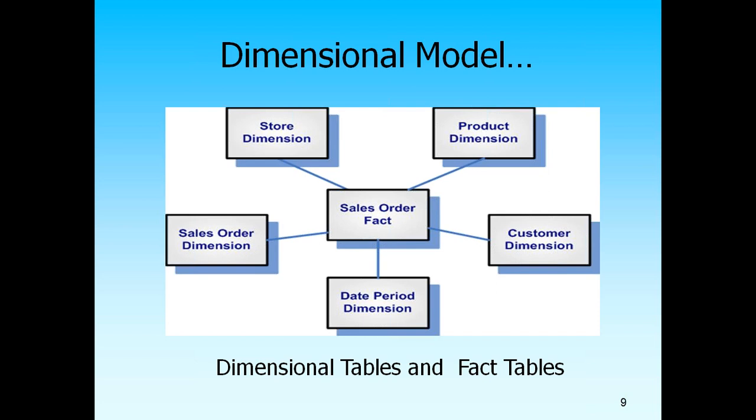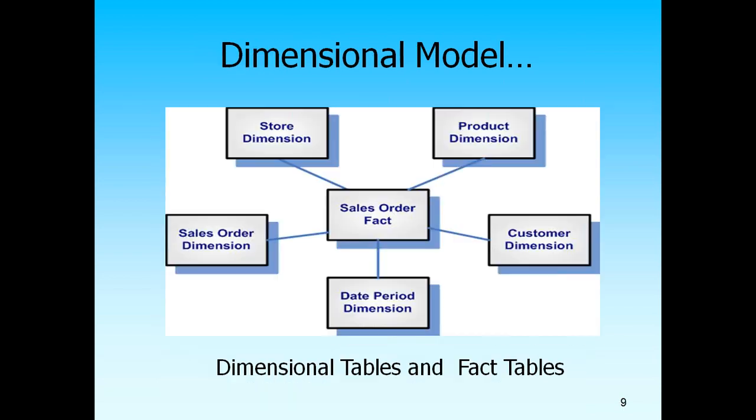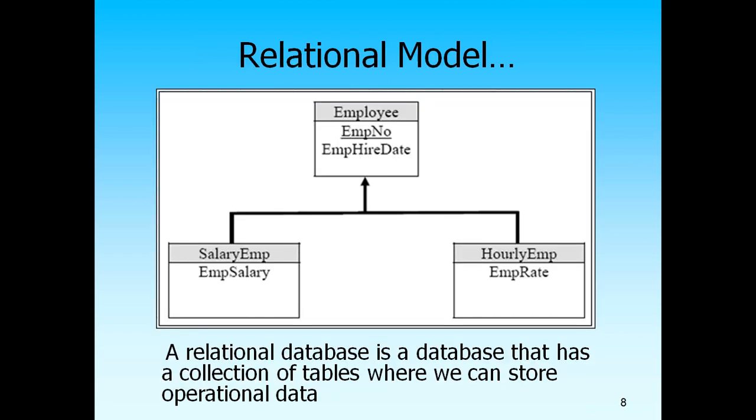Right. So in order to generate some reports, okay. If you are maintaining a relational database, there would be a huge number of joins. For example, these three tables' information we are maintaining in a single table in dimensional modeling. So getting the data from the dimensional model is very easy and much faster than from the relational tables.